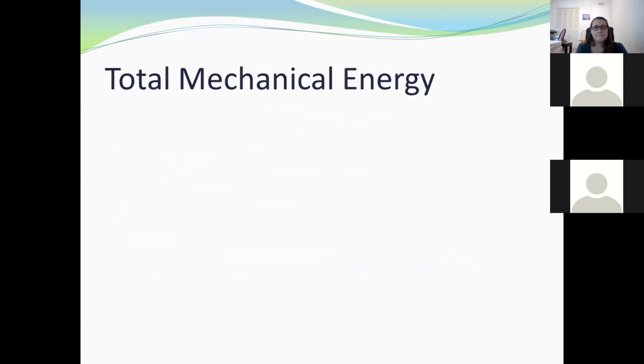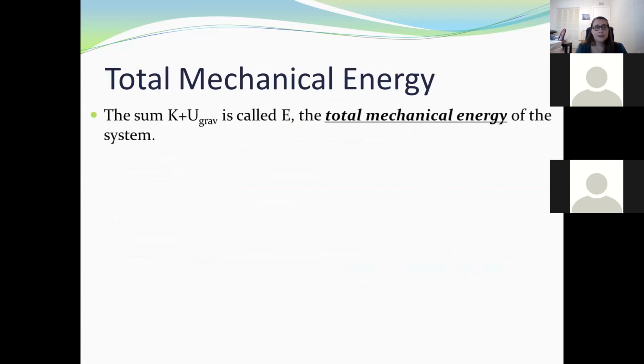Okay. So total mechanical energy, that symbol capital E, the sum of our kinetic energy and our gravitational potential energy is called E, the total mechanical energy of the system. So there it is again. E is K plus our gravitational potential energy, and that is actually a constant, right?